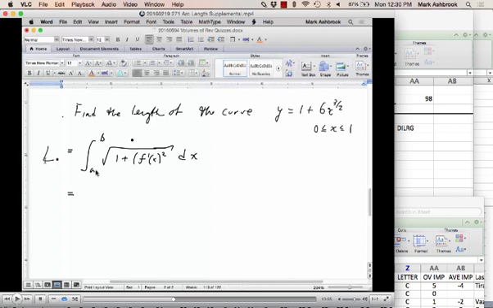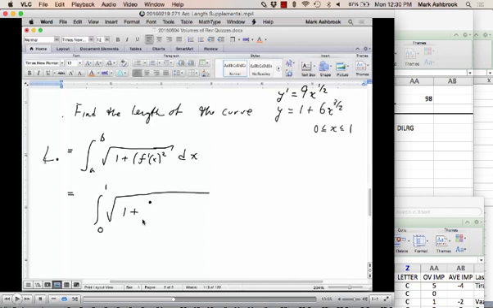So what are we going to do? How do we set this up? A is 0, B is 1, and now 1 plus what? So we're going to need the derivative. What is the derivative? 9x to the 1/2, is that right? Did I do the math right?